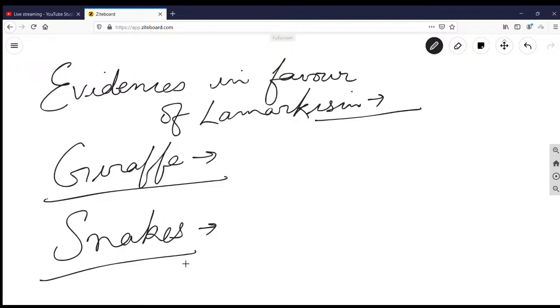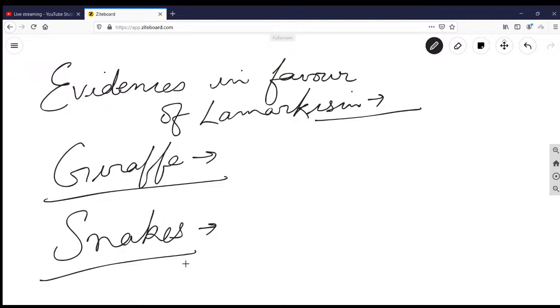It occurred due to the disuse of the organ. What kind of disuse? Because the snakes wanted to slither. If they were using limbs, it was causing a lot of noise. So they started disusing the limbs and stretching their body to suit their creeping, slithering mode of locomotion, because they wanted to attack from behind and didn't want any noise.